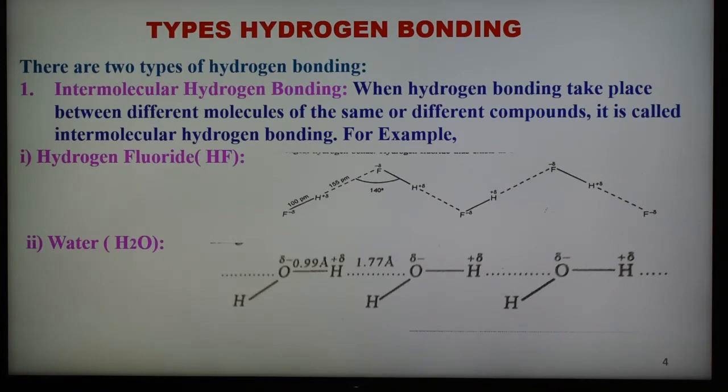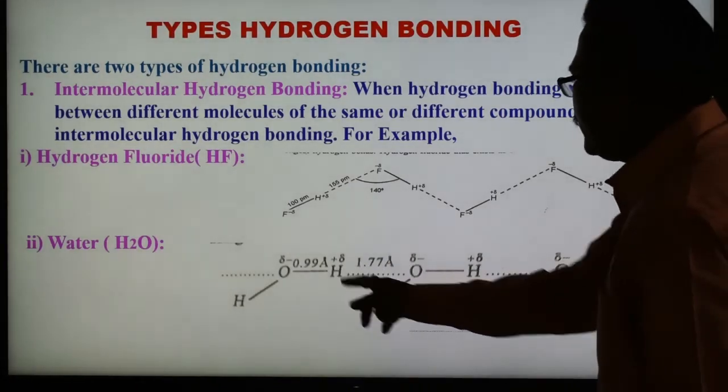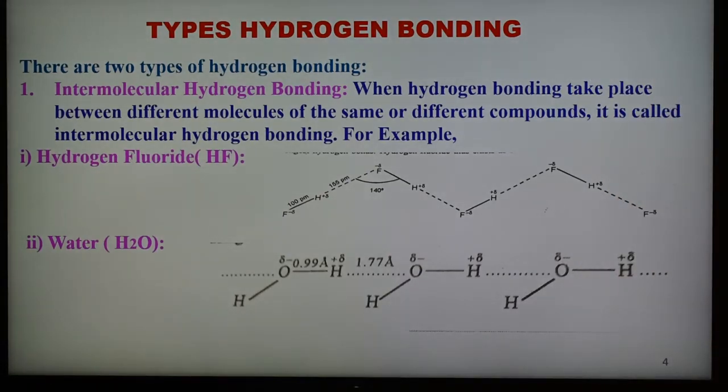Because of higher electronegativity, the oxygen atom attracts the electrons of the OH bond towards itself, so oxygen carries a partial negative charge and hydrogen has a partial positive charge. The negative end of one molecule attracts the positive end of the other molecule, forming the hydrogen bond shown here. So this is the second example.